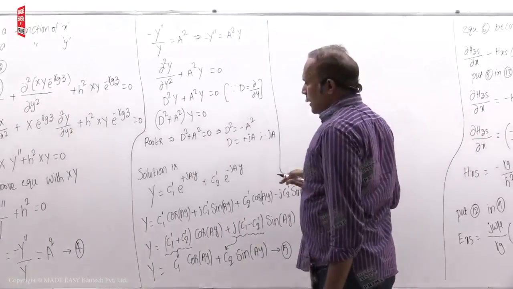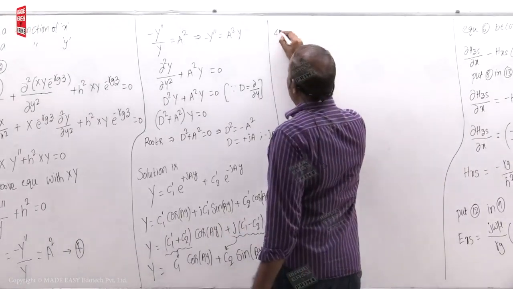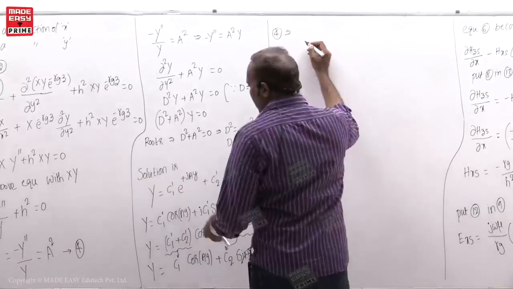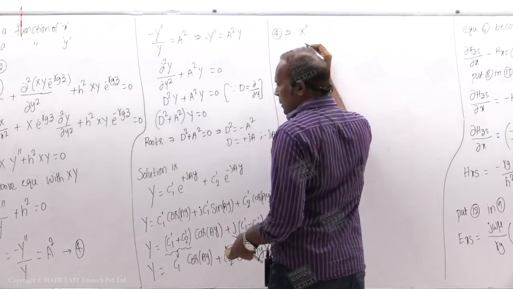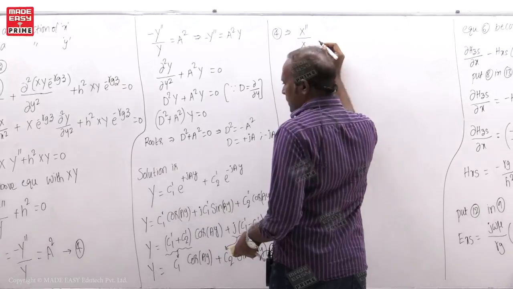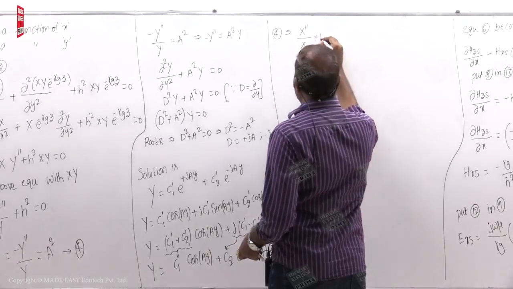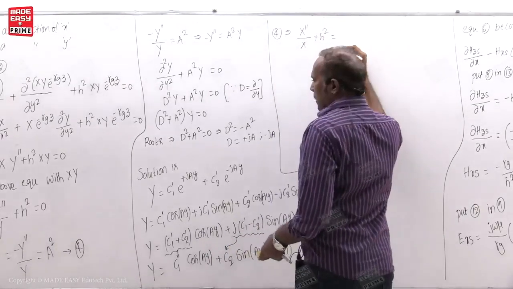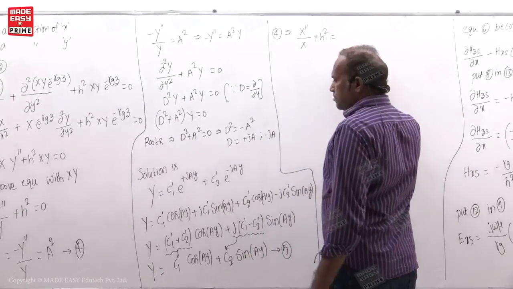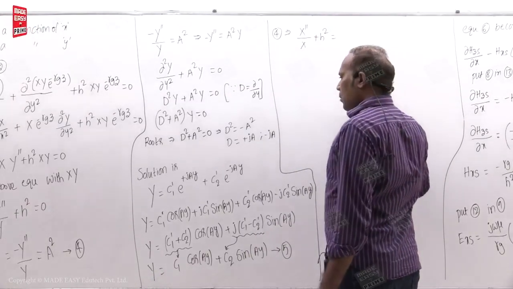Similarly, from equation 4, you take X double dash divided by capital X plus h square, all together taken as one constant.